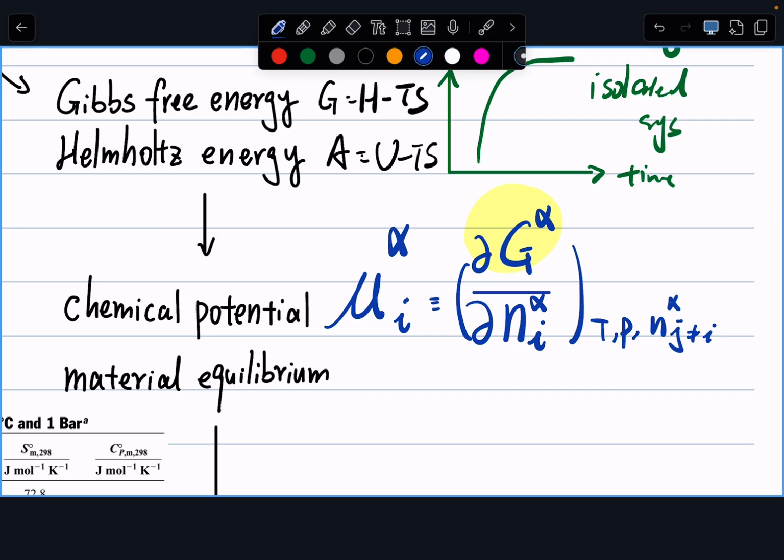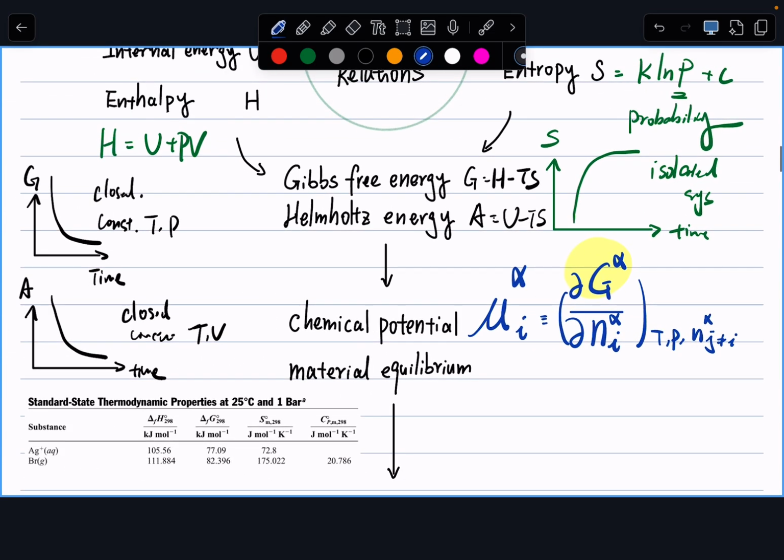All right. And what's the physical meaning of chemical potential? We can make a direct comparison of chemical potential in phase equilibrium to temperature, right? So chemical potential is an intensive function, like temperature is an intensive function. Temperature tells you the direction of heat flow when you have two objects of different temperature.